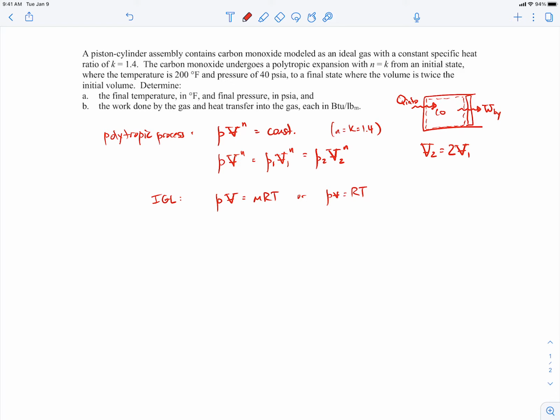And then I'm going to combine this expression with the polytropic process. So what I'm going to do is write the ideal gas law for, take the ratio of the before and after. So let me do it this way. And I'm going to just divide it by the after state.